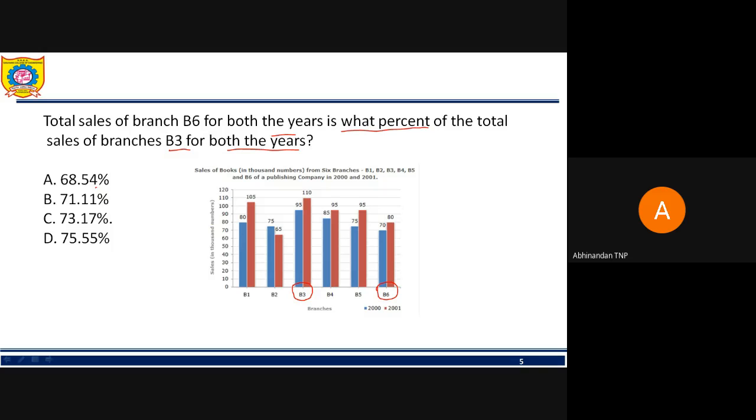It is asked to find out what percent. So percentage is asked. What is percentage equal to? B6 is 70 plus 80, it is 150. Against B3, how much is it? It is 205.